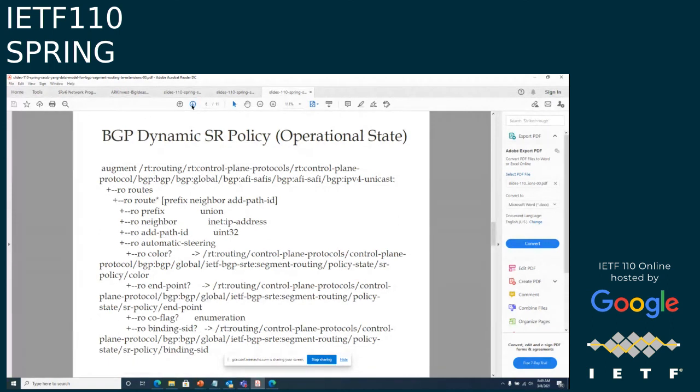That would be the associated color and the associated binding SID with that route path, and this particular draft defines the Yang modeling for this additional information that becomes part of the BGP route path once the SR policy is defined for BGP. So as part of this, we'll have Yang modeling to enhance the BGP route path with the color, endpoint, binding SID, and those would be defined in the Yang modeling. We can move to the next slide.